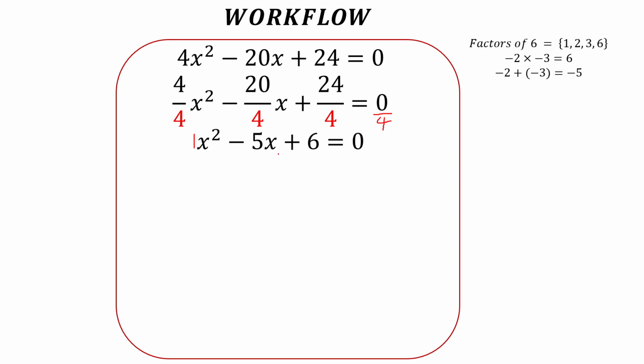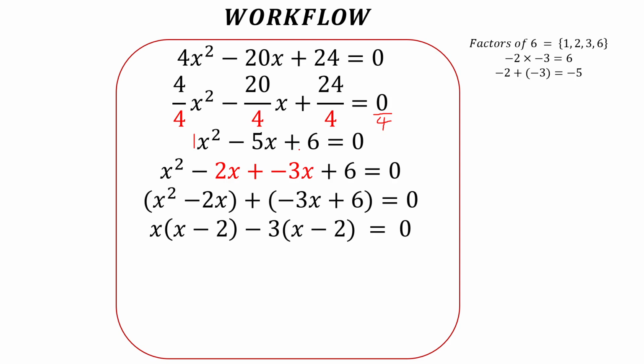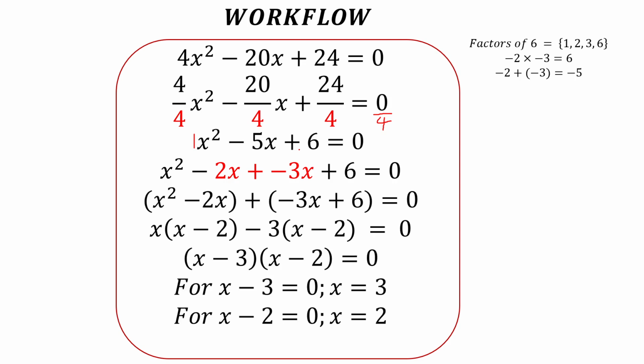So we split the minus 5x using those two numbers, group them, factorize further, then equate both expressions in the brackets to 0, and we arrive at 2 and 3 as the final answers for this particular question.